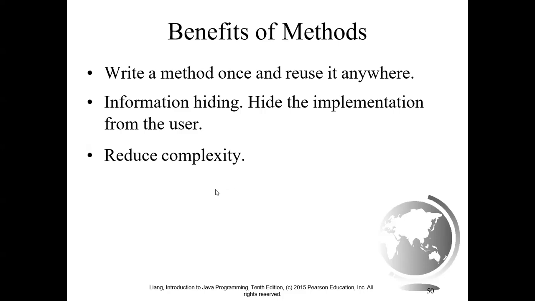And also there are some other benefits. We call that information hiding, hiding the implementation from the users. That means when you are doing a project, sometimes for making the code easy to read, we may only need to know the method name. We say it is an API.